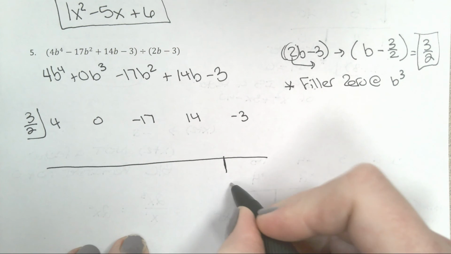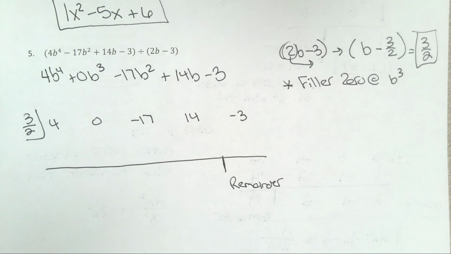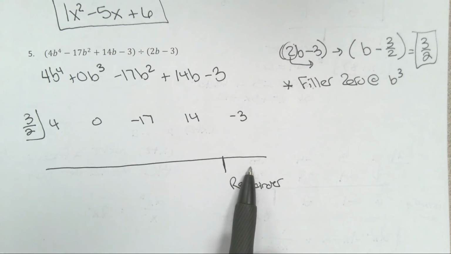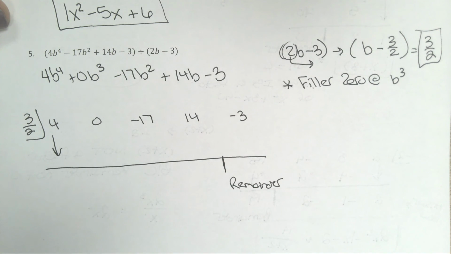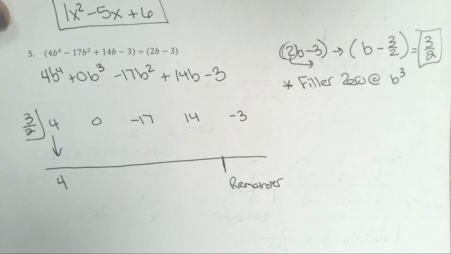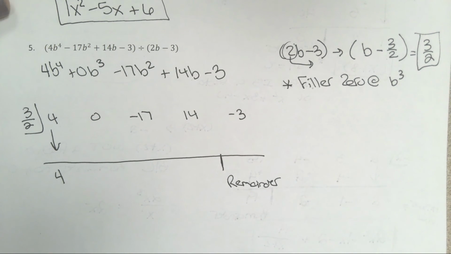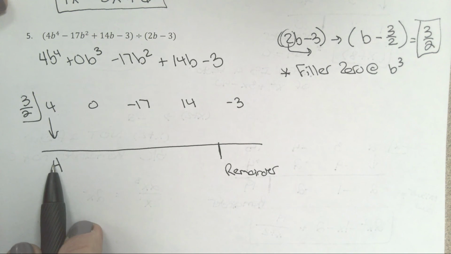Under my very last term, I put that little bar and the word remainder. So I'm looking to see if I get a 0 here or not. We're going to bring our first one straight down. And here you either need to be good with fractions or your calculator. We are multiplying.